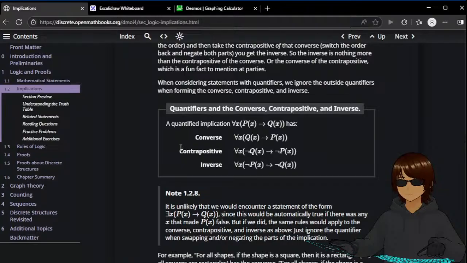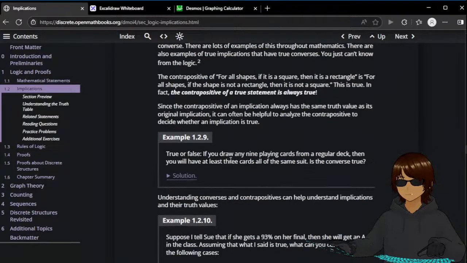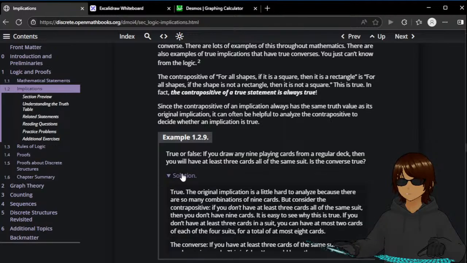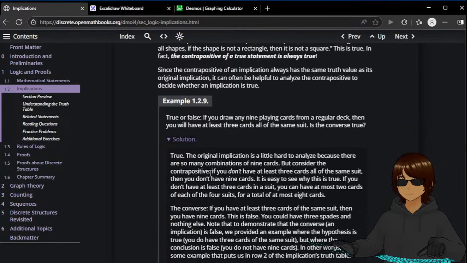Wait, what's the converse? Contrapositive: if you don't have at least 3 cards all of the same suit, then you don't have 9 cards.